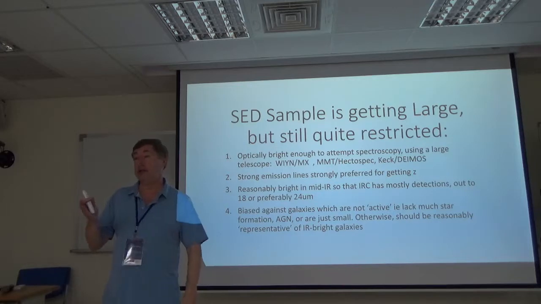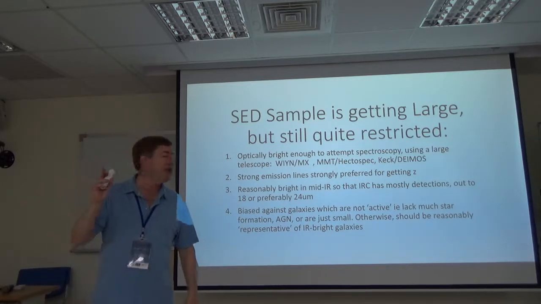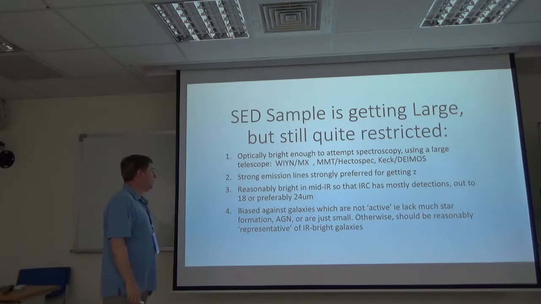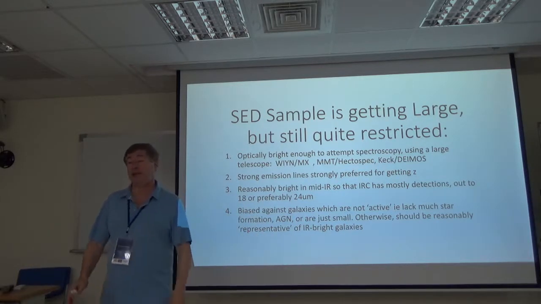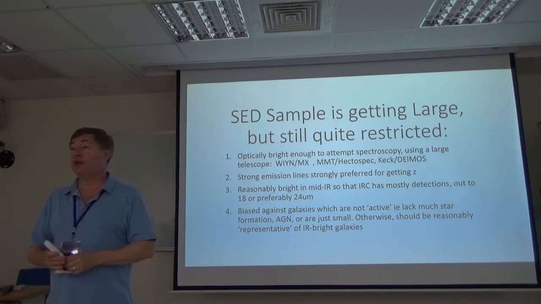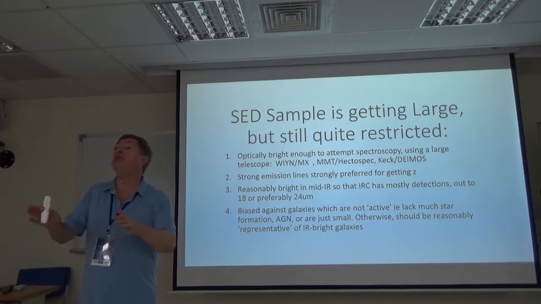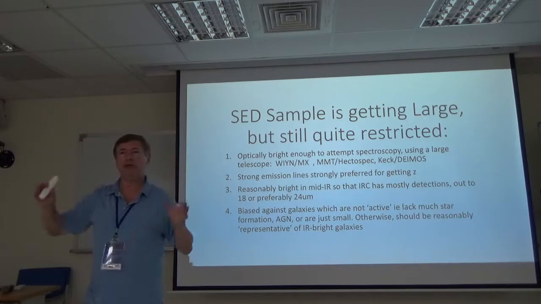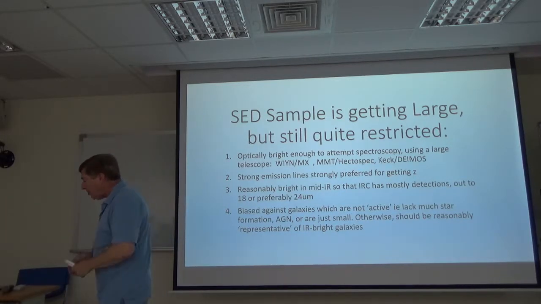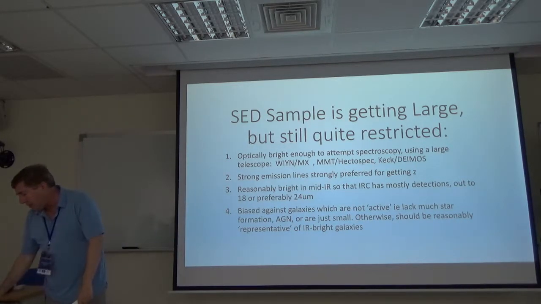I really want to have detections, not upper limits, but detections for all of the Akari IRC filters. So if you have a galaxy which is not very active, does not have very much warm dust emission, then there are fewer of them in the sample. So we cannot draw a general conclusion about all kinds of galaxies, but we can draw good conclusions about infrared emitting galaxies.